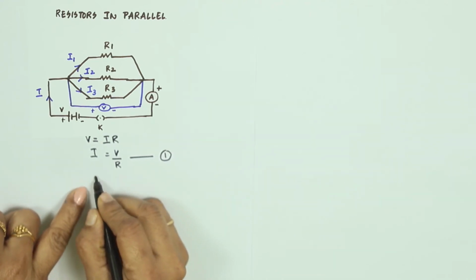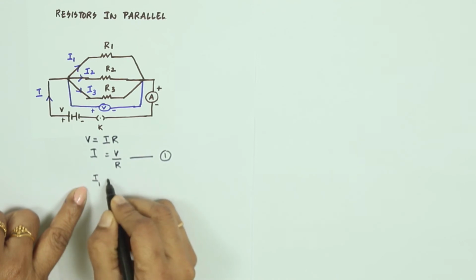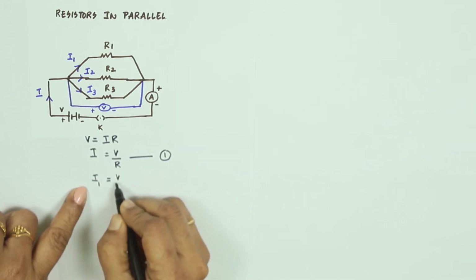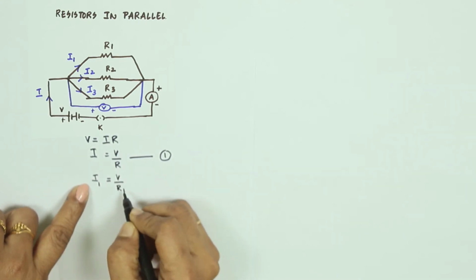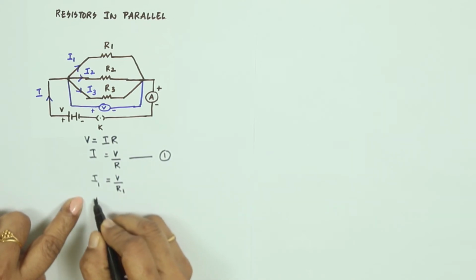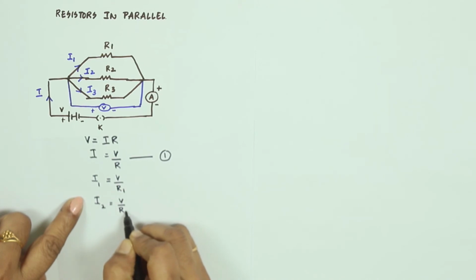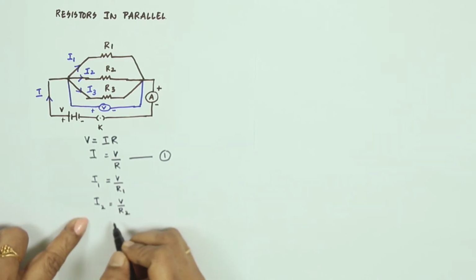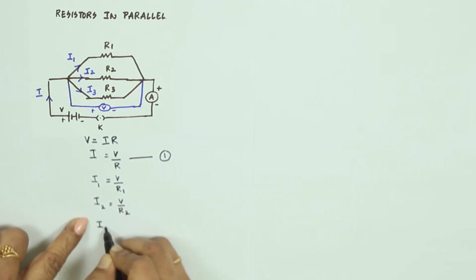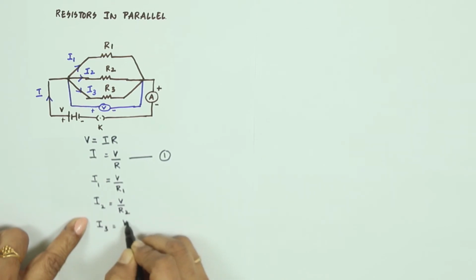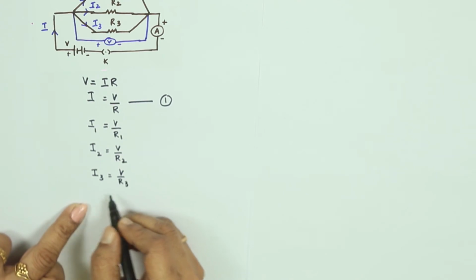So, what will be I1? I1 is equal to V by R1, I2 will be equal to V by R2, and I3 will be equal to V by R3.